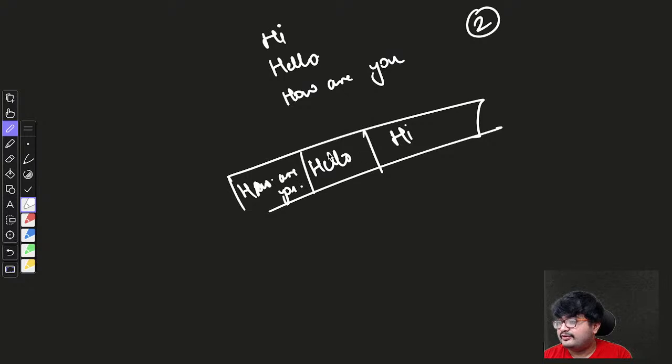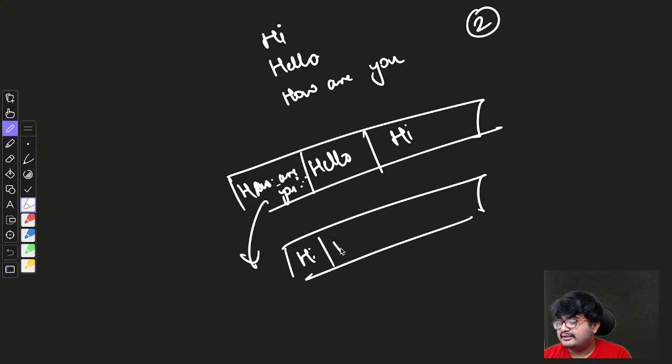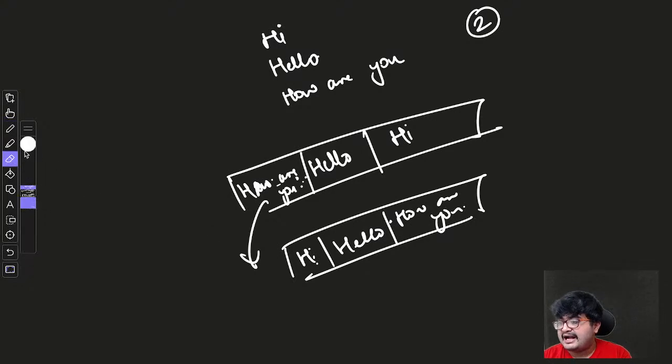Now the size is greater than 2, so if we remove from the front, how are you goes away, which is the latest message. That should not happen. So what we want to do is insert at the back, that is hi, hello, and how are you, and then we clear from the front, so hi goes away, which is the oldest message.